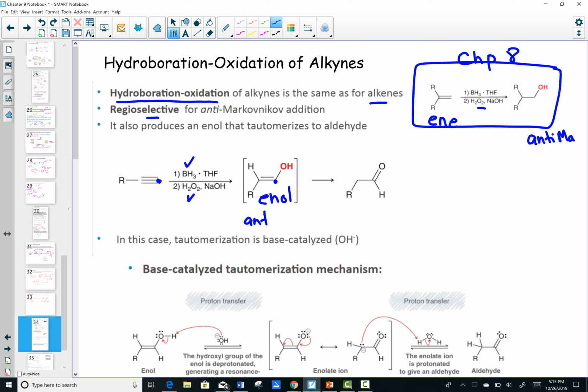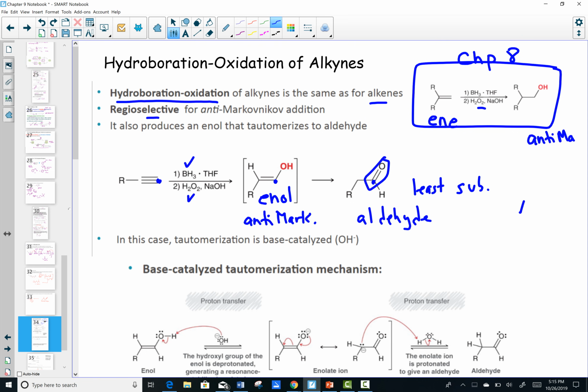So it's not following Markovnikov's rule, and that means the carbonyl carbon goes to the least substituted carbon, and that produces an aldehyde since it's at the end of the carbon chain.